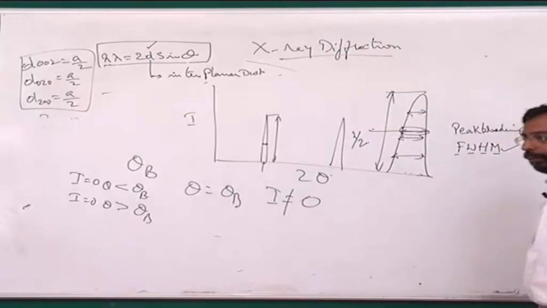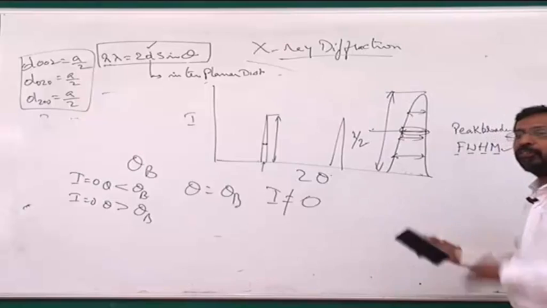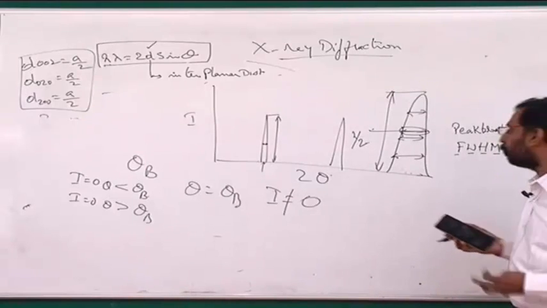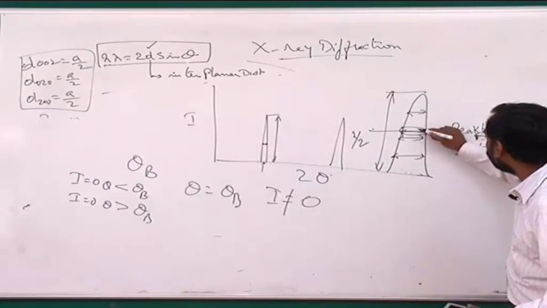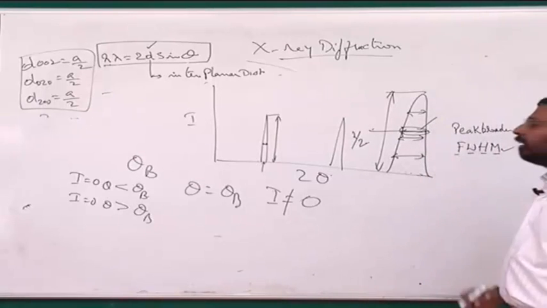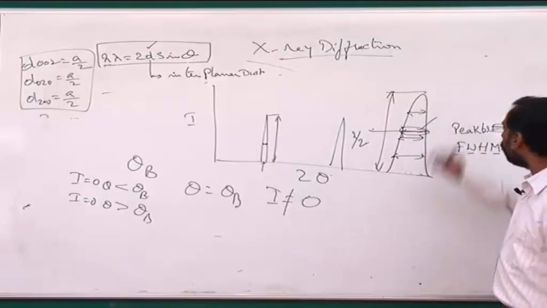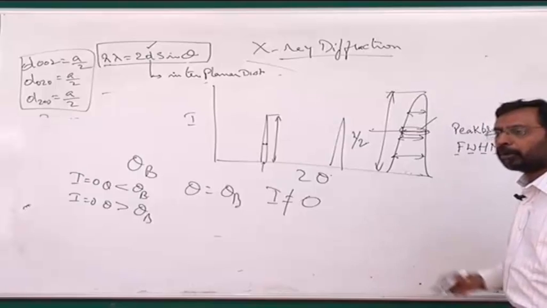Why does this happen? It happens because of a number of reasons. We will see it a little later and discuss how I can use this to find out a variety of stuff. This is related to what is called strain inside the material. This is also related to the grain size of the material. So we can find out a variety of things by doing this. It is also related to what is called instrumental broadening.